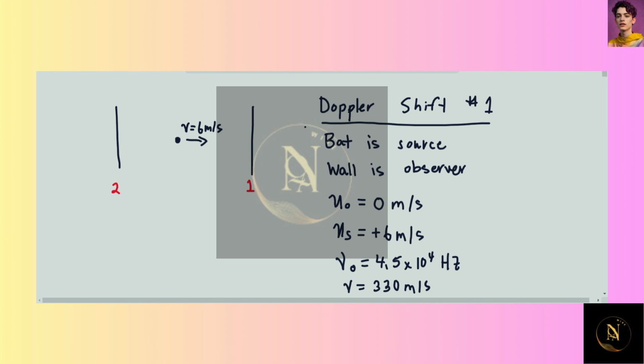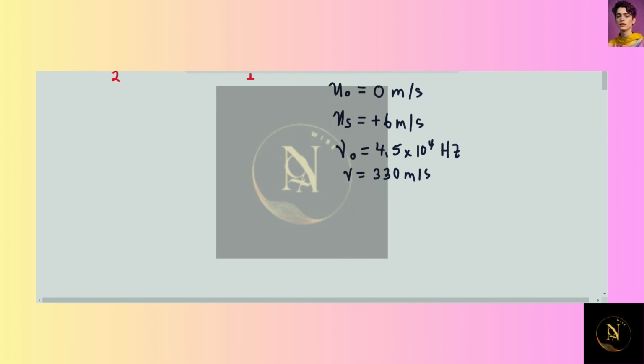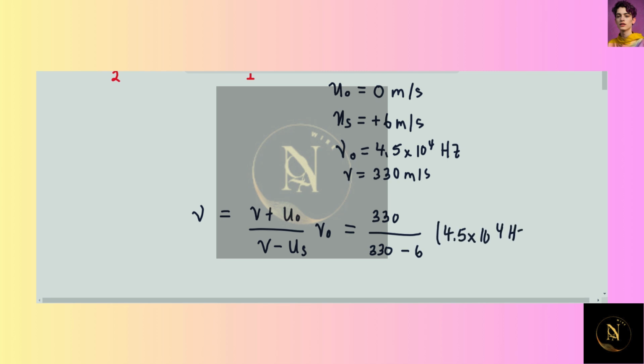So let's jot down the formula for that from the book, and then we can sub everything in. The V is 330 plus 0, over 330 minus 6, positive 6. And then we're going to multiply that by the emitted frequency.